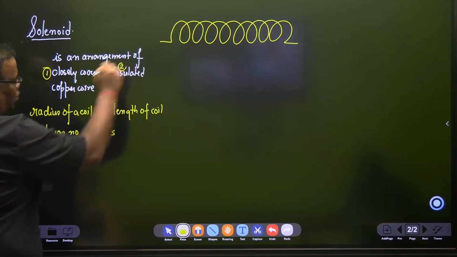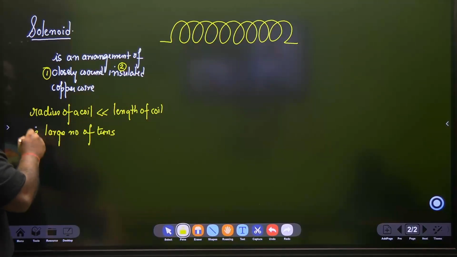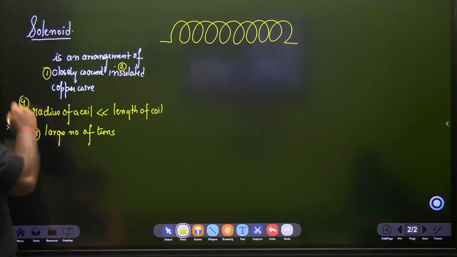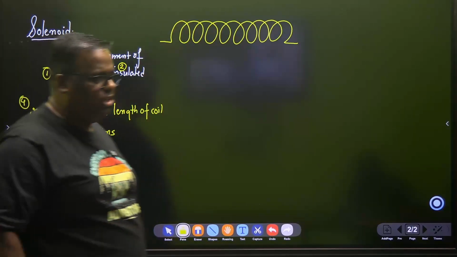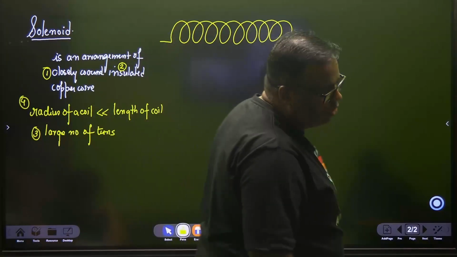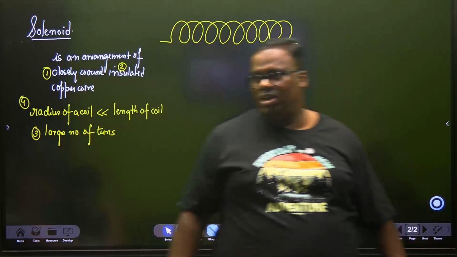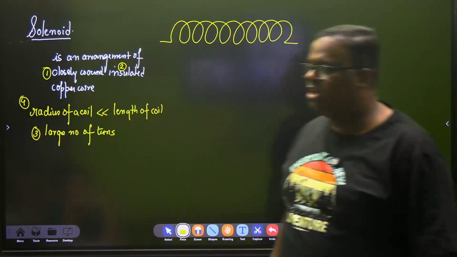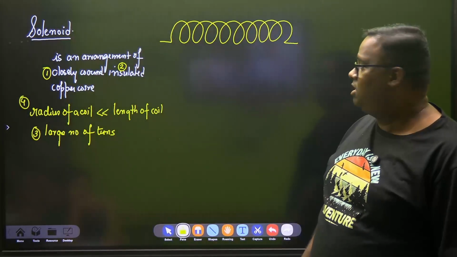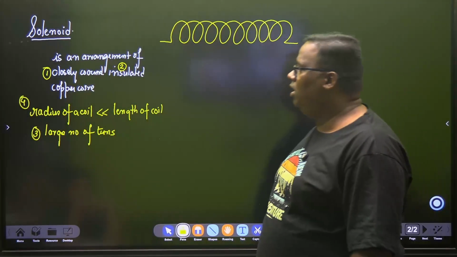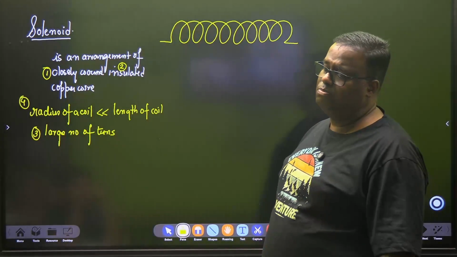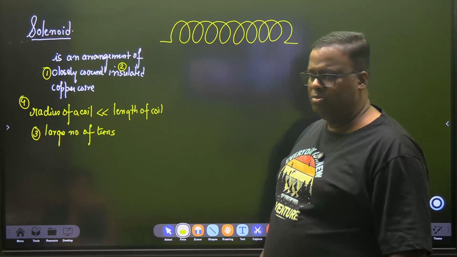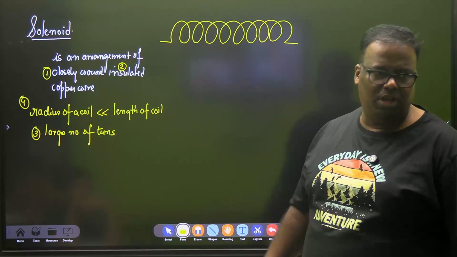Insulated is very important. Large number of turns, and turn or coil means the same thing. If I say a solenoid has 500 turns or 500 coils, it means the same thing. The radius of each coil is much less as compared to length of the coil. That means the radius is almost negligible.